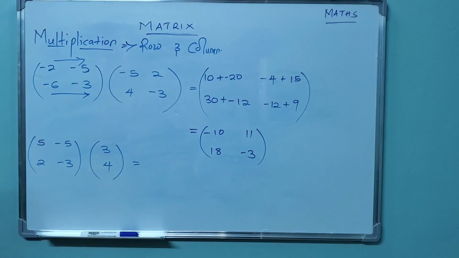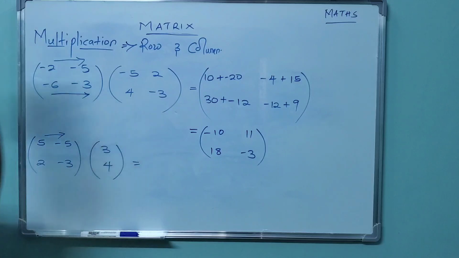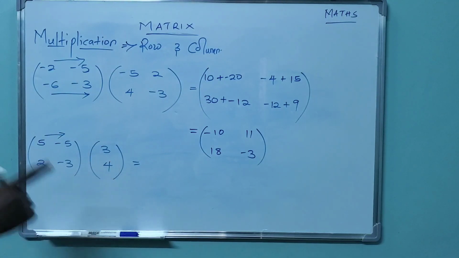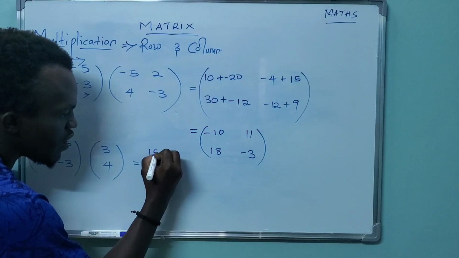And what are we going to do? Remember, the same thing applies, row and the column. So this first row, I'm going to multiply it with the column. On my second matrix, I only have one column, so I'm only going to go once. So 5 multiplied by 3, I'm going to have 15.